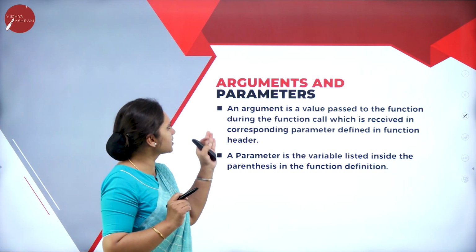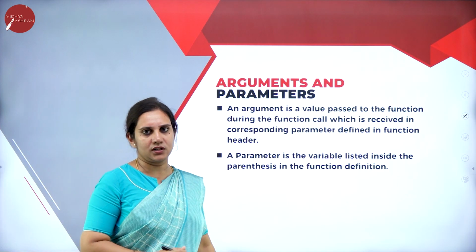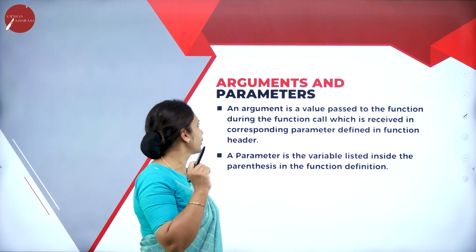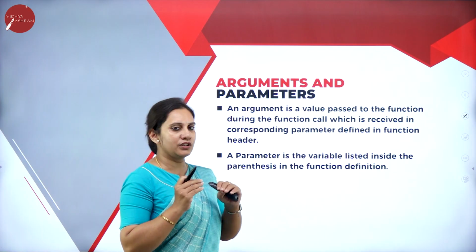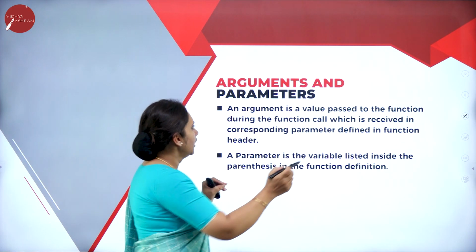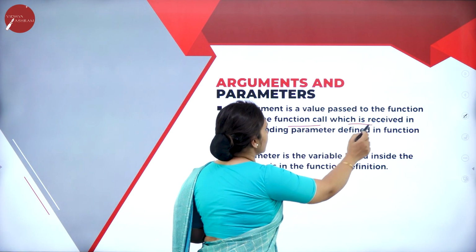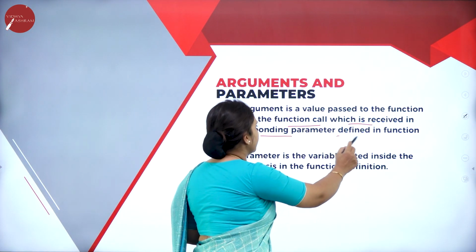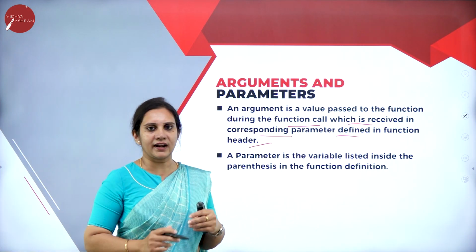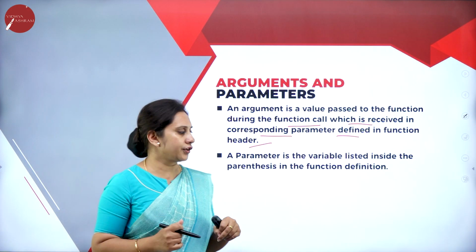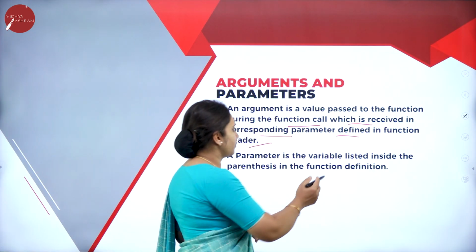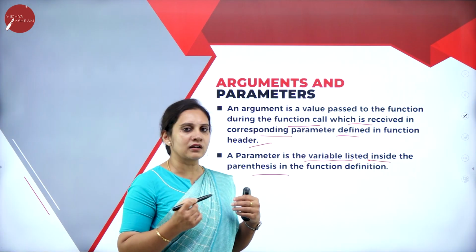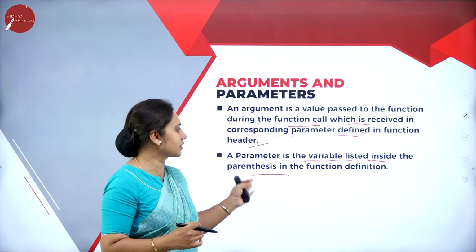So what are arguments and parameters? An argument is a value which we pass to the function during a function call, which is received by the corresponding parameter defined in the function header. Then what is a parameter? A parameter is a variable listed inside the parentheses in the function definition.